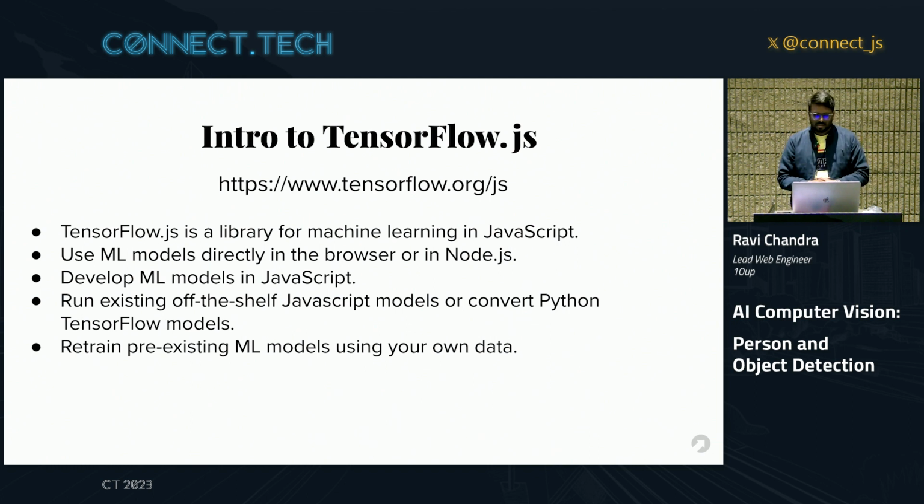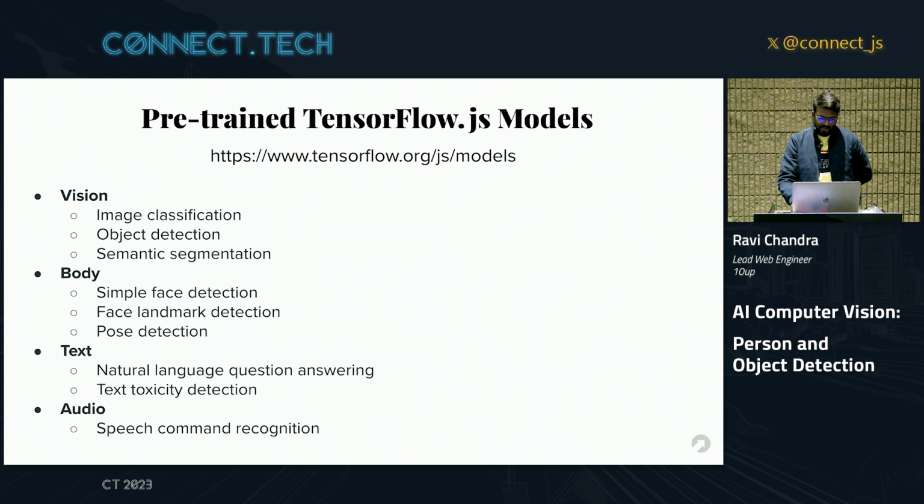You can build your own machine learning models either in the browser or in a Node environment, or you can also run existing off-the-shelf JavaScript models, which we are going to do today, and we can also convert existing Python TensorFlow models. You could also retrain existing ML models with your own data or in your own context. And if you go to the TensorFlow.js models page, all these models are already available.